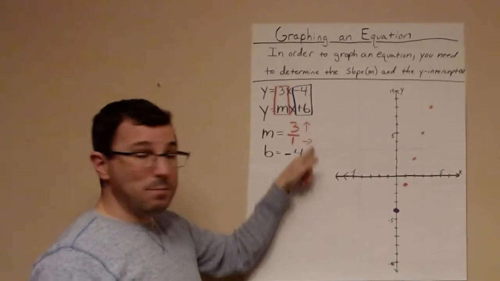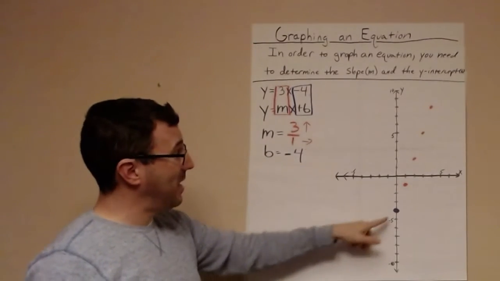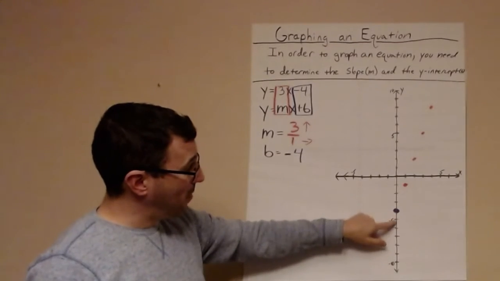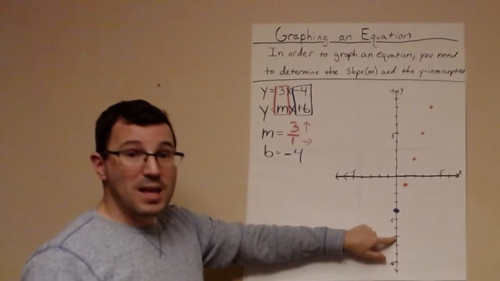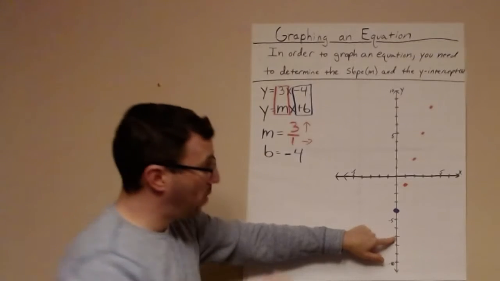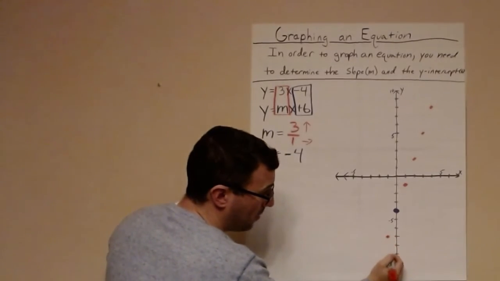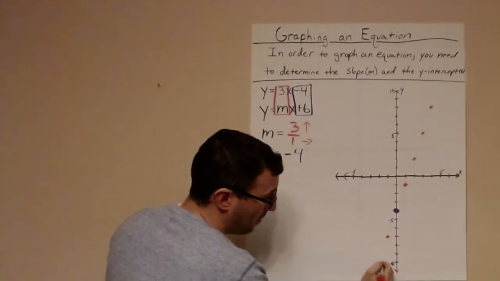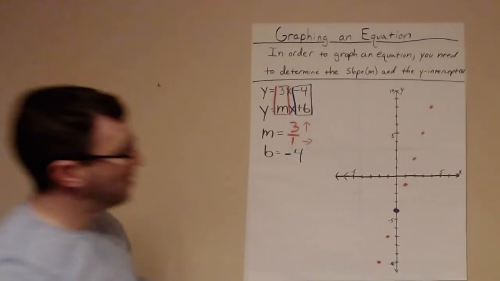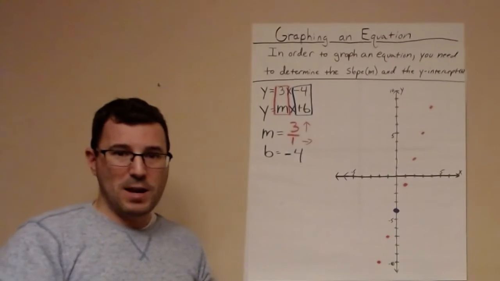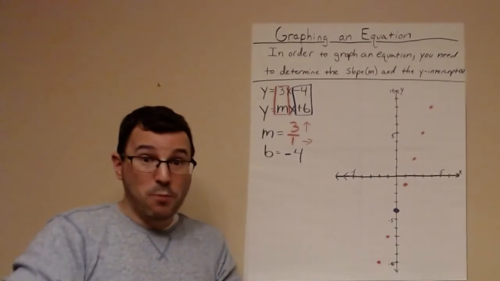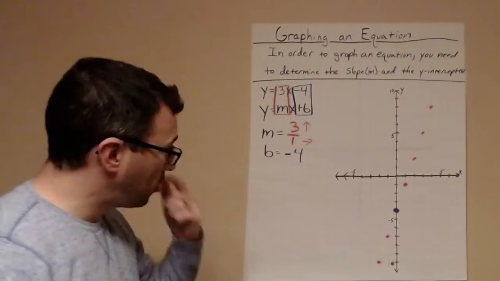So I can flip these two arrows and say, if I go down 3 from here, 1, 2, 3, I'll go to the left 1. And there's another point. And notice, since I put so many points, you can already see that this is a straight line.